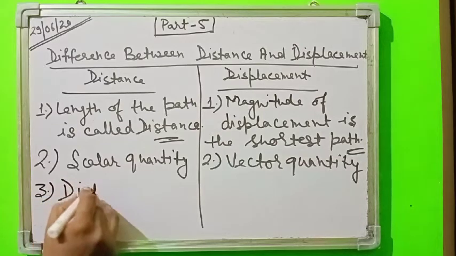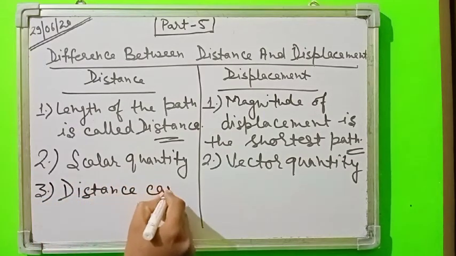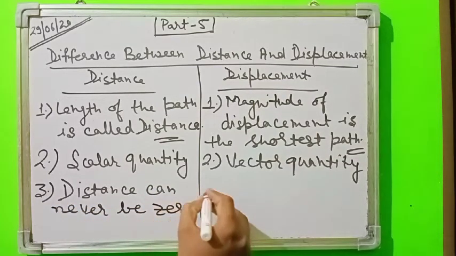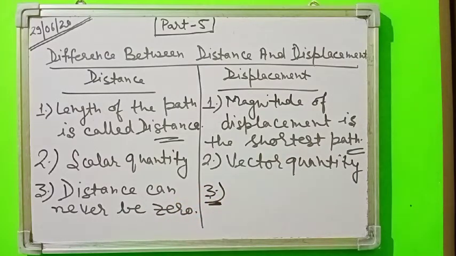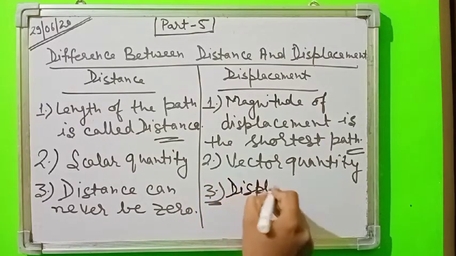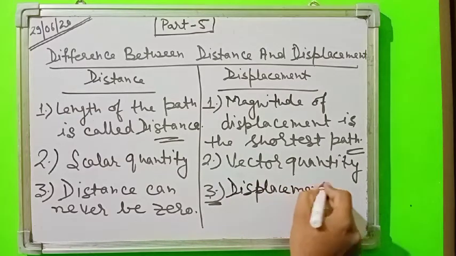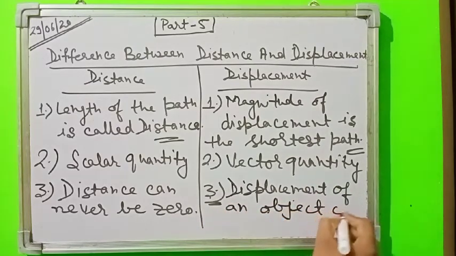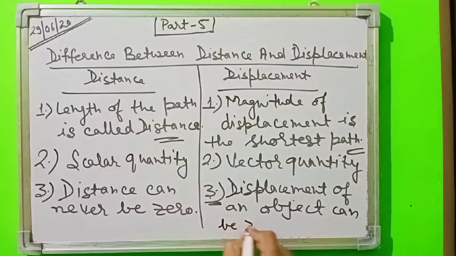Distance can never be zero. If there is the passage of time, then you can't say that with the passage of time the distance traveled by an object will be zero, but displacement of an object can be zero.